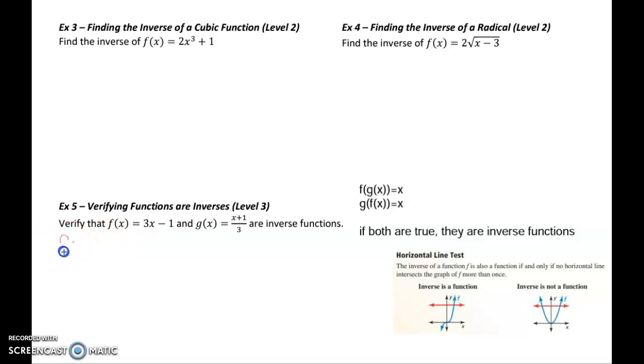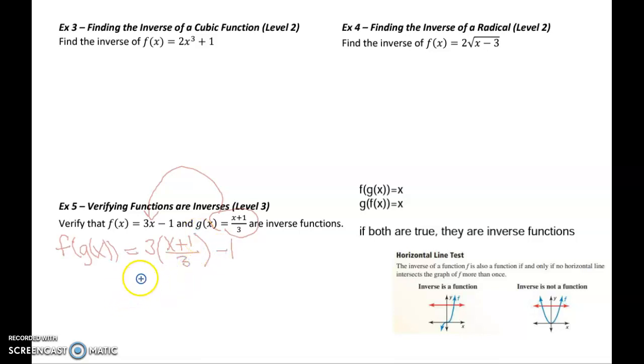So f of g of x means I'm taking g and plugging it into f. So 3x minus 1, but now I'm going to take g and plug it into f. So 3 times (x plus 1 over 3) minus 1.